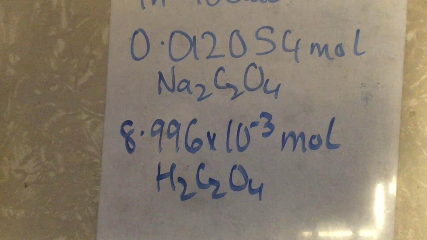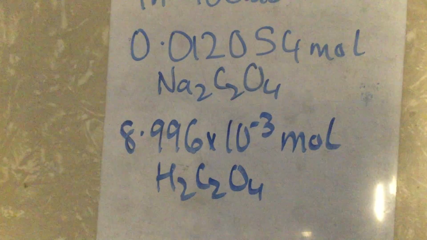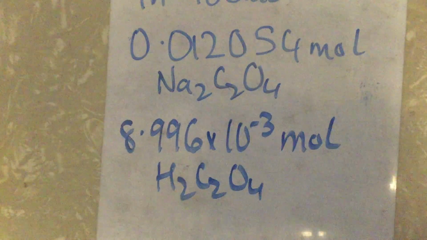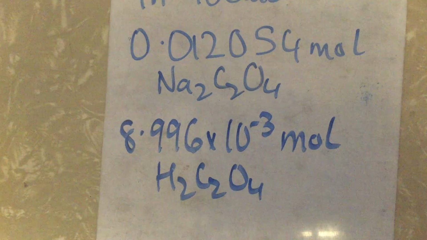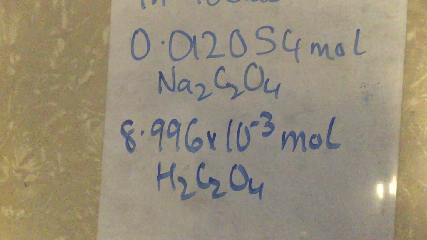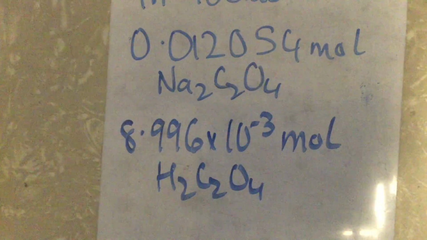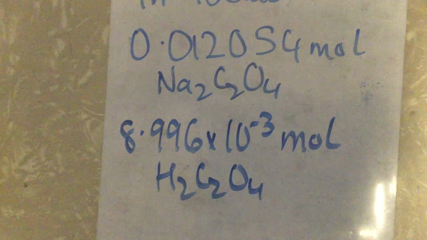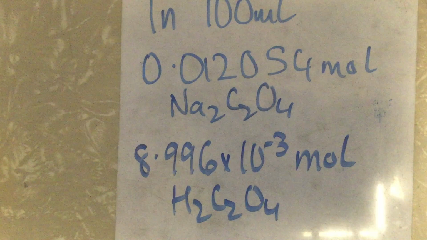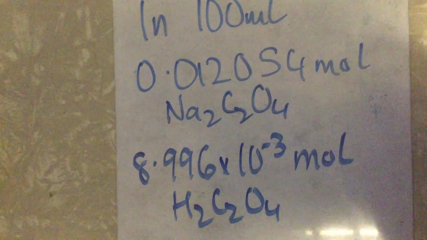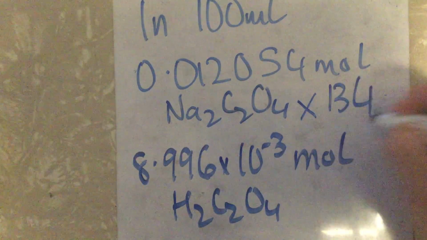So what we're going to do now, sorry about that, is go back to the question and figure out that the question is asking us the mass fractions of those two. Okay, so to get the mass fractions, we need to use the molar masses, which are thankfully given to us. So we need to multiply this one by the molar mass of the Na2C2O4, which is 134 grams per mole.